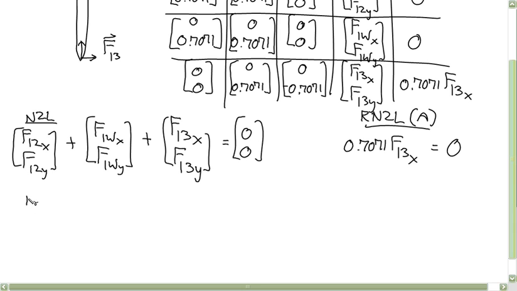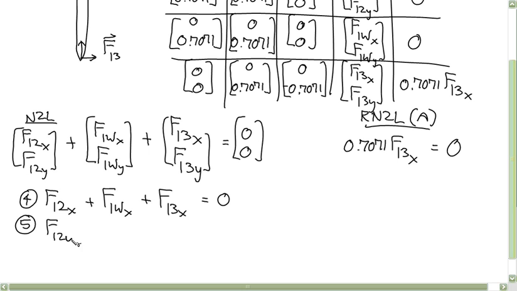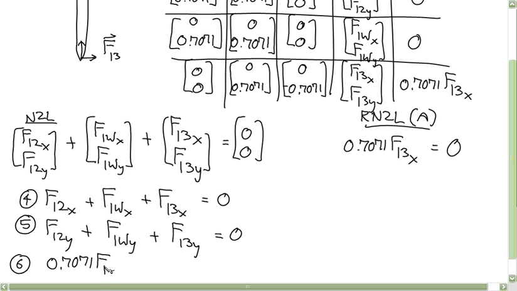So I'll just write these as equations 4, 5, and 6. F12x plus F1wx plus F13x is equal to 0. Equation 5, F12y plus F1wy plus F13y is equal to 0. And equation 6, 0.7071 F13x is equal to 0.